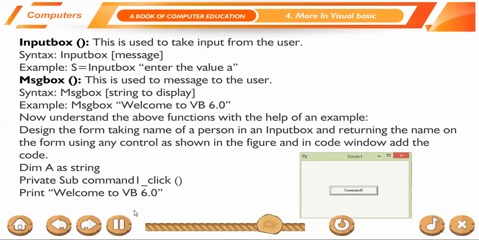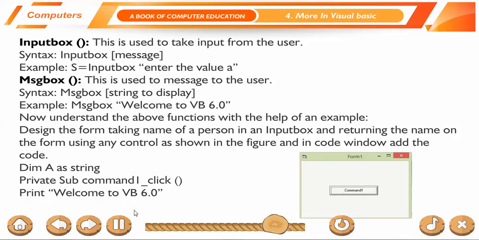Now, understand the above functions with the help of an example. Design the form taking the name of a person in an input box and returning the name on the form using any control, as shown in the figure, and in the code window add the code. Dim a as string.